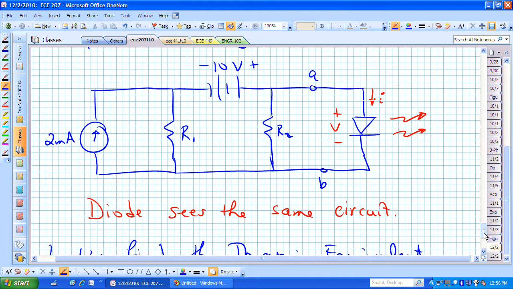Or we can zero those DC sources, in this case they're DC, we can zero those independent sources. And remember, zeroing a voltage source is like replacing it with a wire. Zeroing a current source is like replacing that with an open circuit.